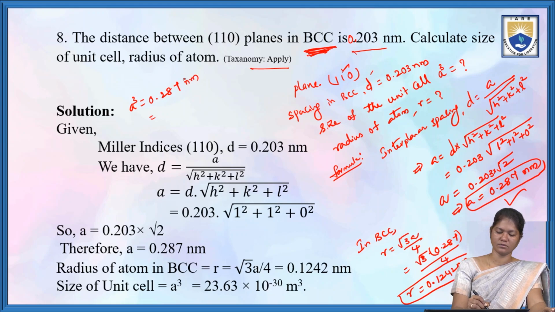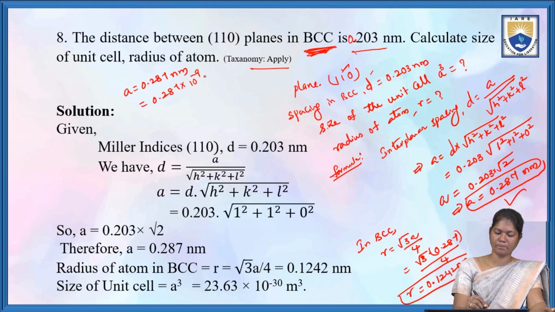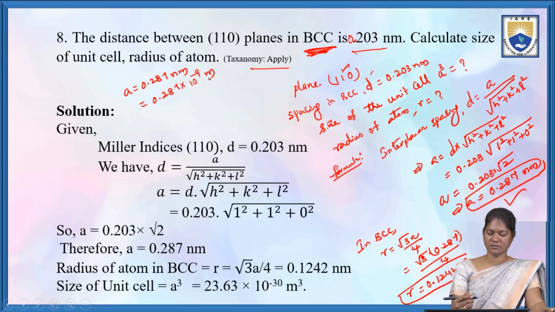So a is equal to 0.287 nanometers, that is 0.287 into 10 power minus 9 meters.